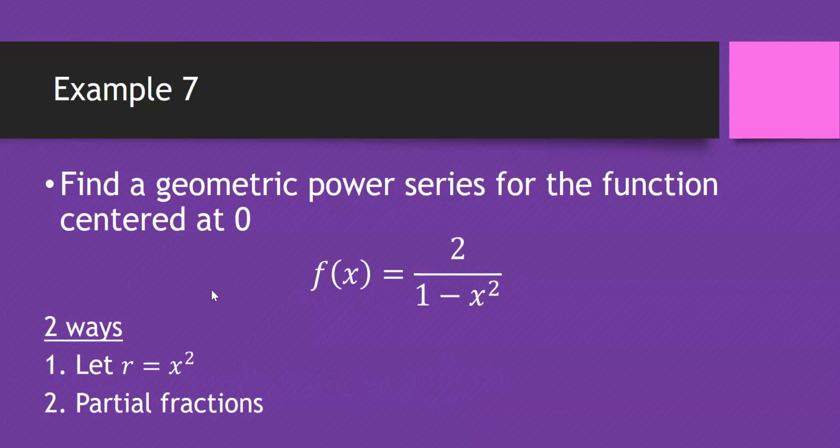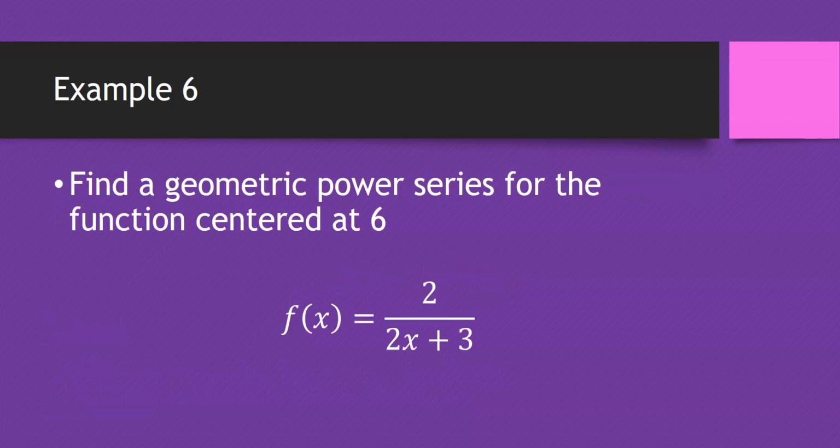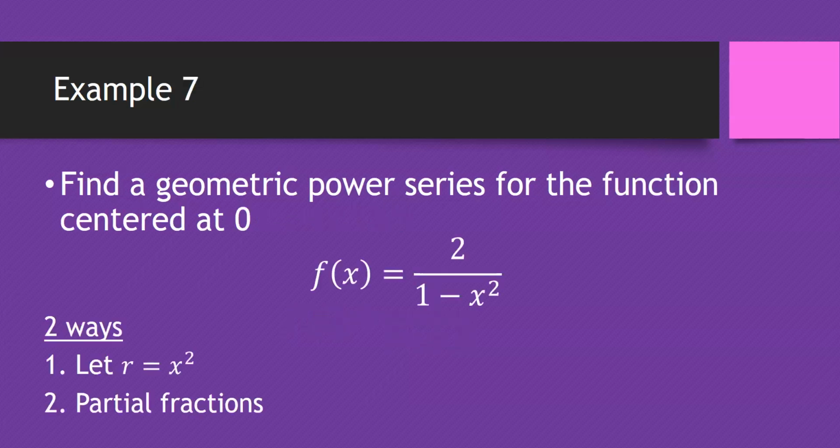Again, I'm not going to deal with a whole lot of algebraic tricks. Obviously, the ones that I'm going to give you on the test are going to look more like this: 2 over 2x plus 3, or 18 over x, or 1 over 9 minus x centered at various spots. I can center these things everywhere where the denominator is not 0.